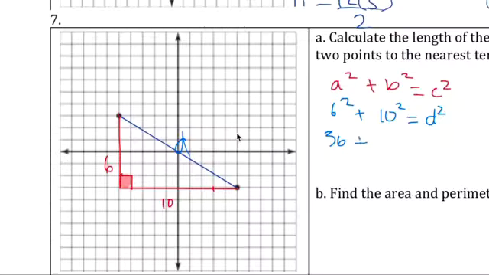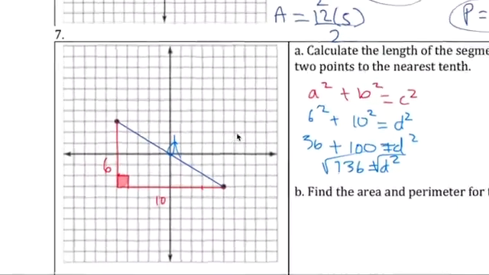36 plus 100 equals the diagonal length squared. That's 136. Take the square root of 136.